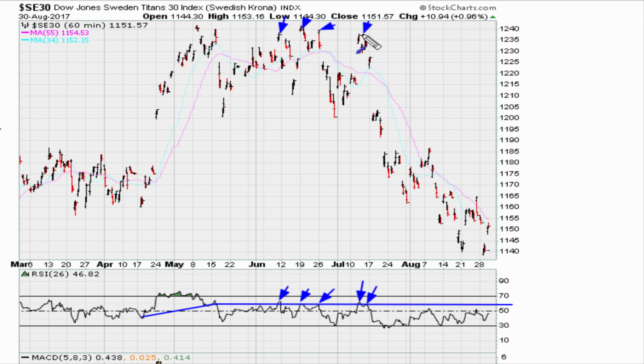So if you combine the big picture and the smaller time frames, you can really see how some of this understanding where to look for turn points makes a lot of sense.